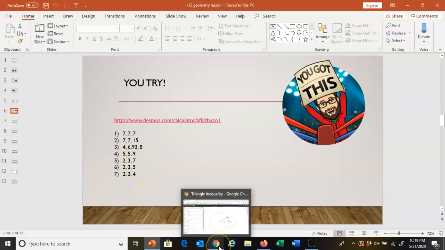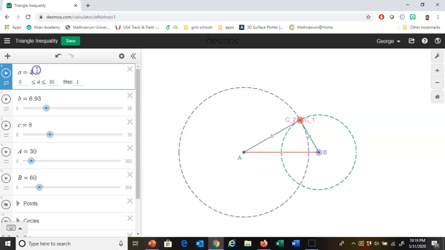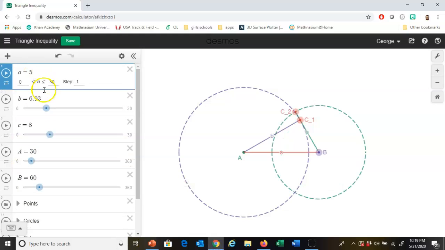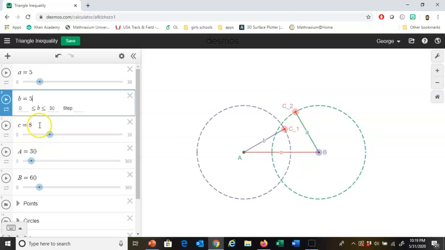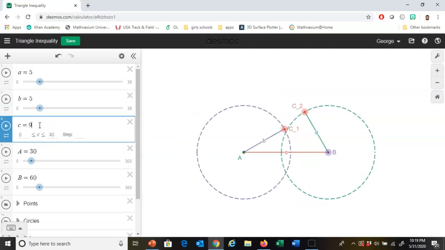5, 5, and 9. Having put the side lengths in, this looks like it'll work. Let's see if we can just make these. I think 26 looks about right. 26.